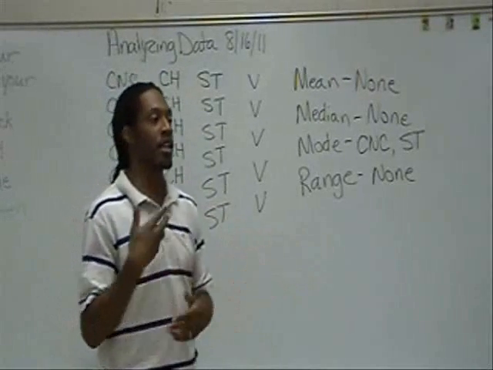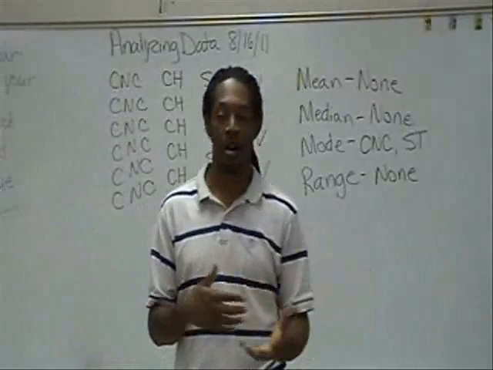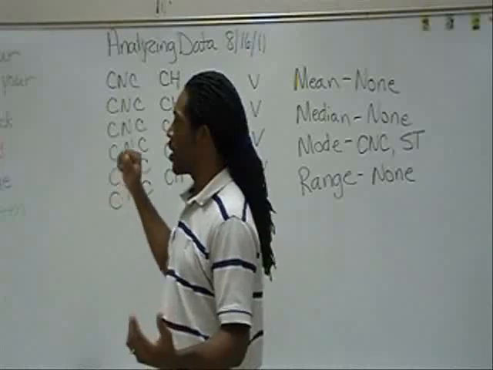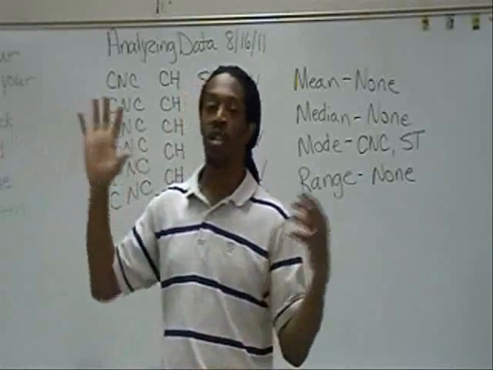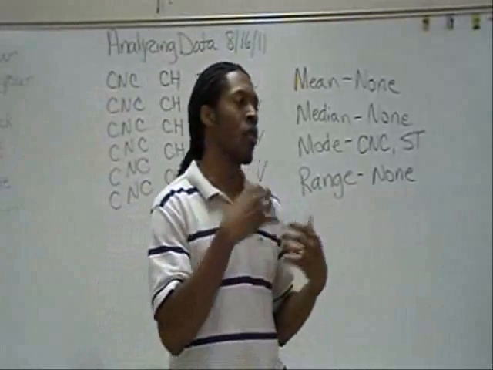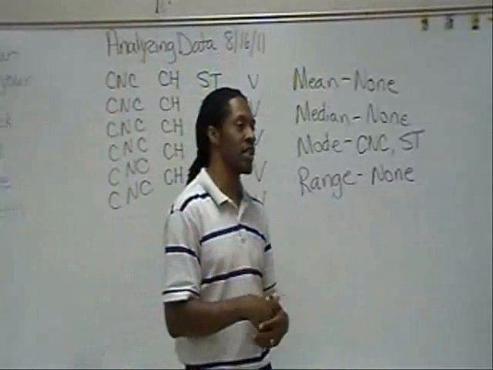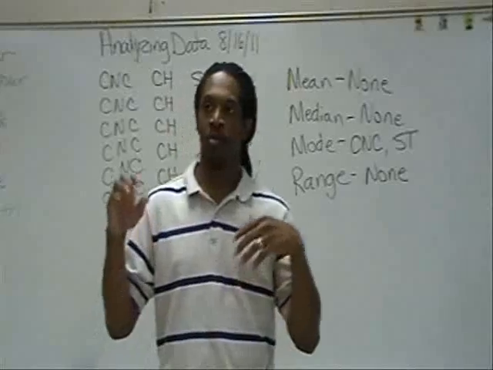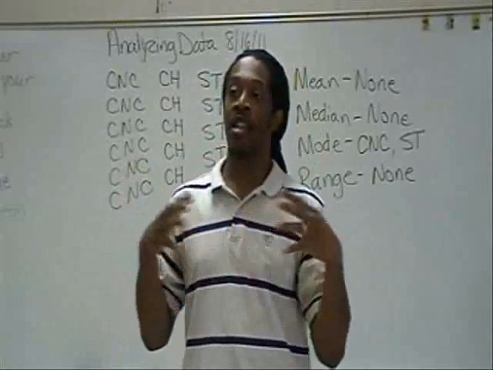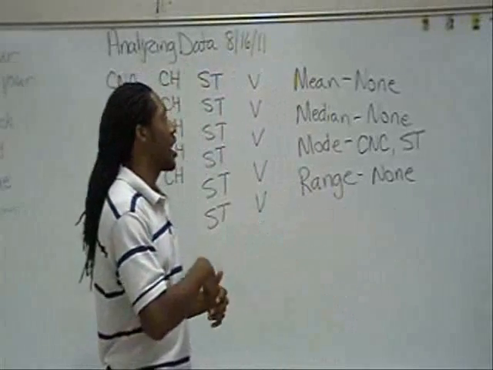Okay? And that gets into our interpreting part. That's where you are going to have to use that information to tell someone what happened. If you look at the award shows on television and even the music charts, that is what they do.